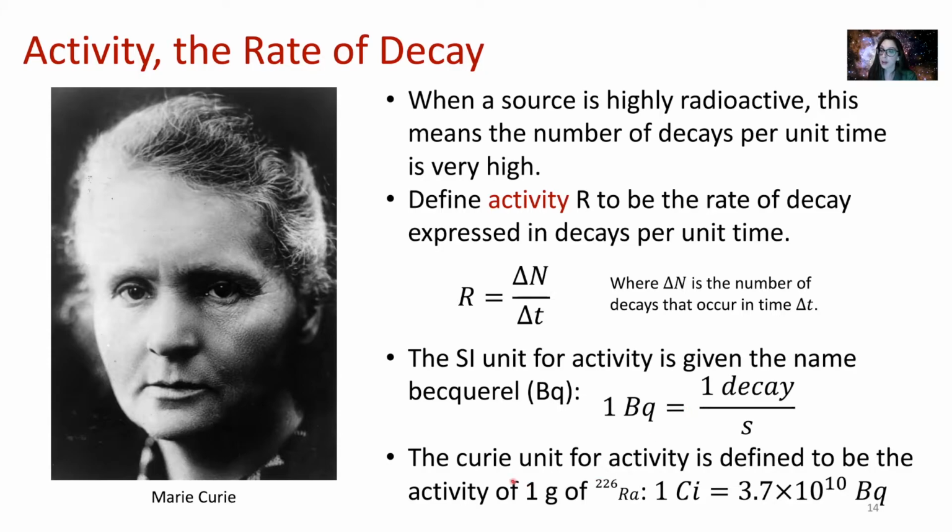The Curie unit for activity is defined to be the activity of 1 gram of radium. So 1 Curie, which we represent as Ci, equals 3.7 times 10 to the 10 becquerel. And this is named for Marie Curie. Her picture is right here. And she was very important in the early studies of radioactivity.